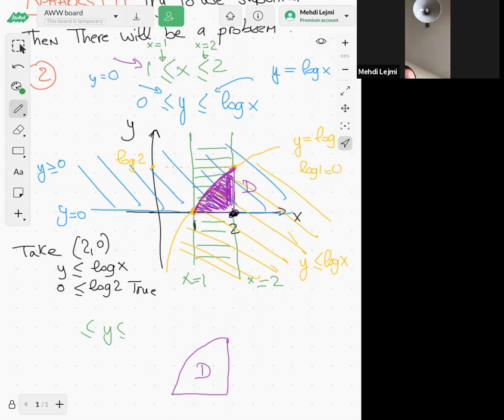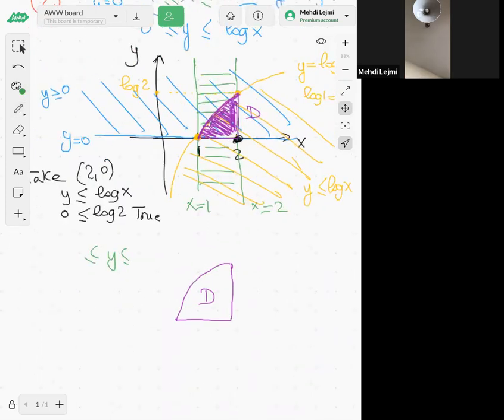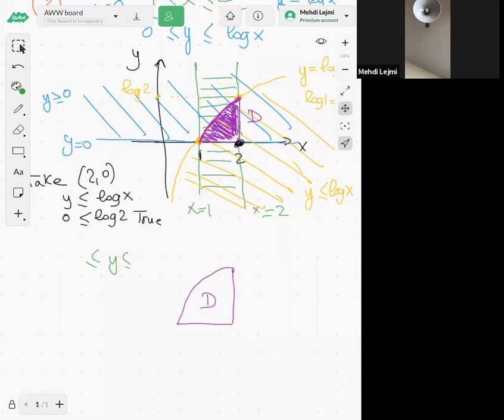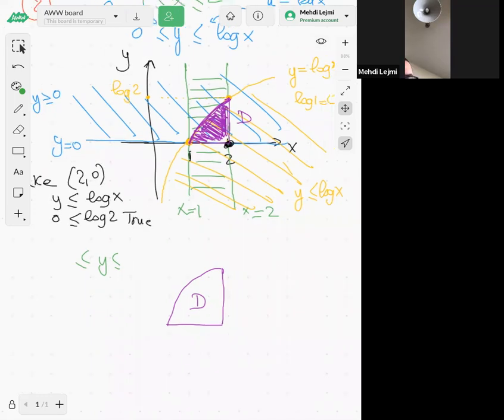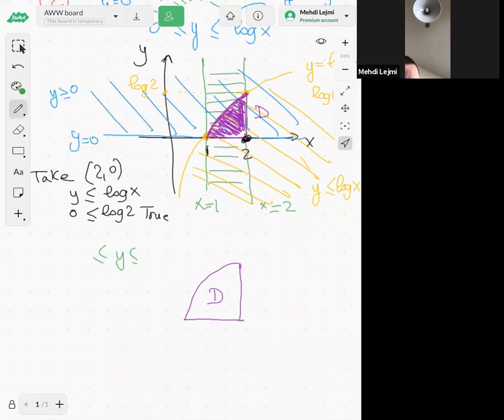Well, again, you think of y as between two constants, right? So that will be two horizontal lines. So first you have this line here. This is y equals 0, right? And at the top here, the y coordinate would be equal to log of 2, right?